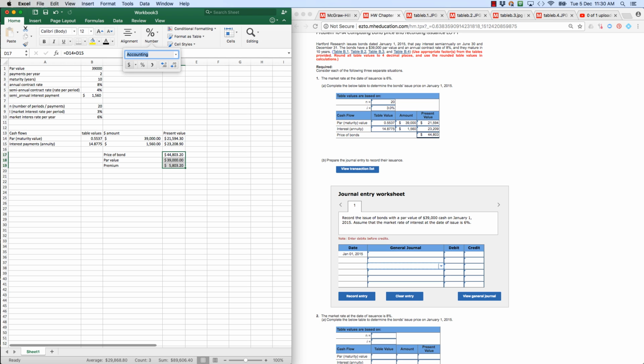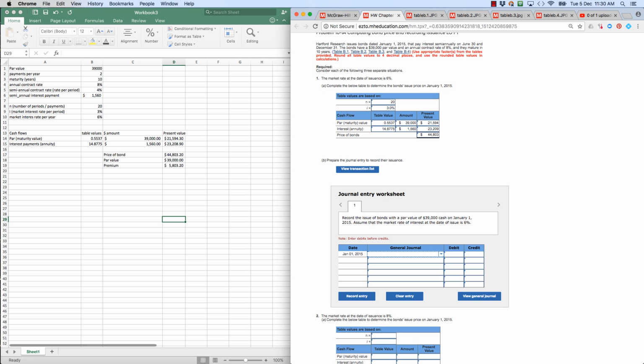So these are our relevant numbers. I like them to all be in dollars. So we've got, first thing, we've got a debit cash because we're going to receive cash. And we're going to receive cash in this full amount, full price of the bond amount. So we're going to debit cash for $44,803.2. And then, what do we call this? Par value is $39,000. It's the amount we need to pay back.